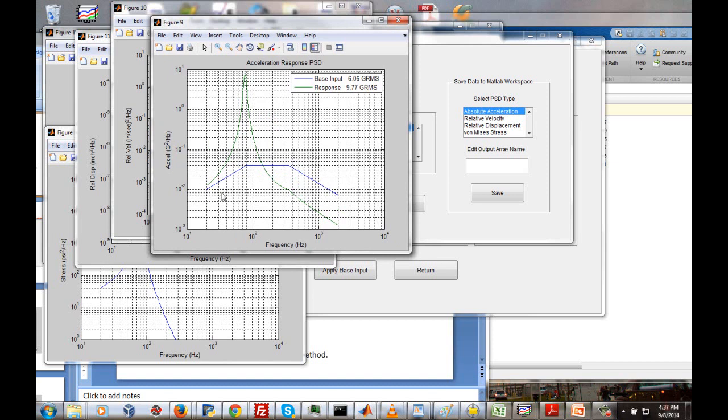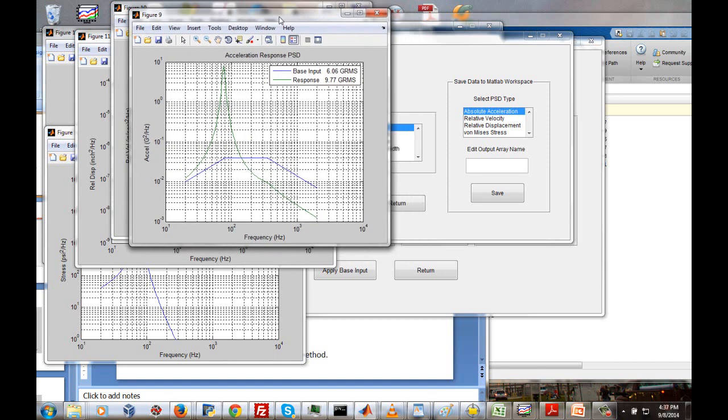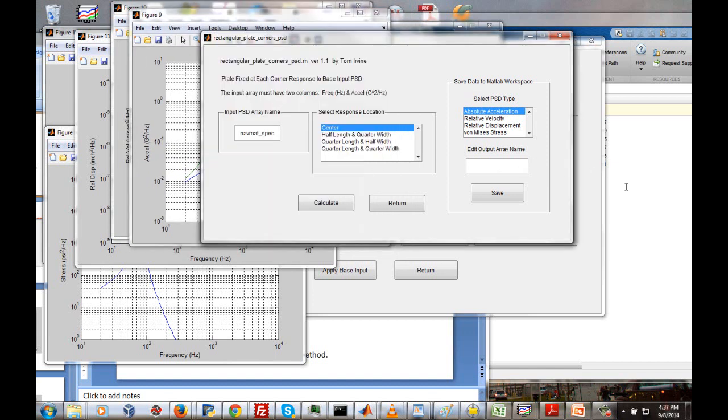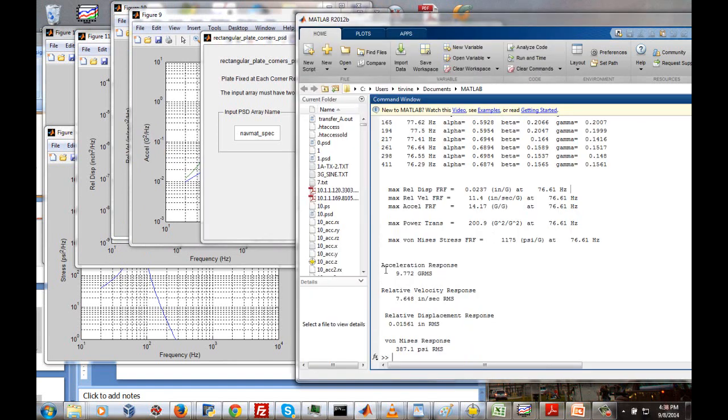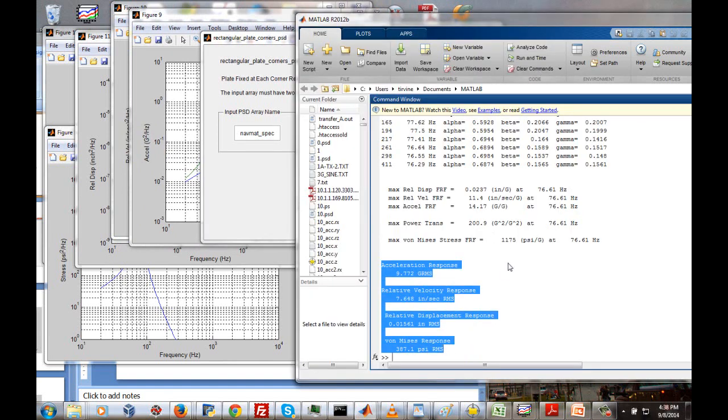So that's G squared per hertz versus frequency in hertz. So we get that set of PSD functions. We can save them if we like. And then here we just have a summary in our Matlab command window of those response metrics in terms of their respective overall RMS levels.